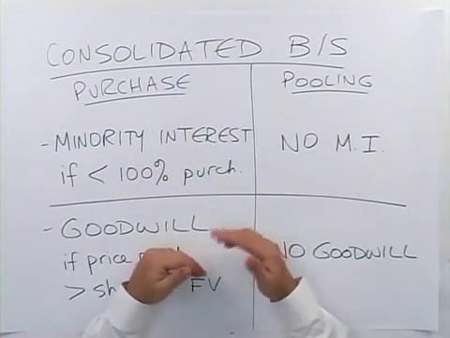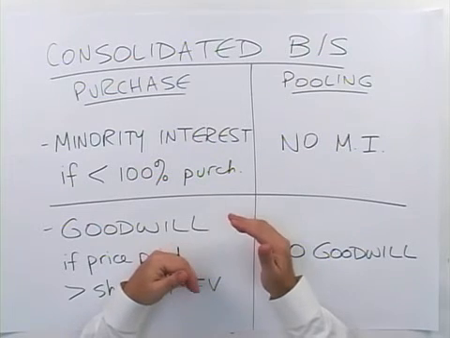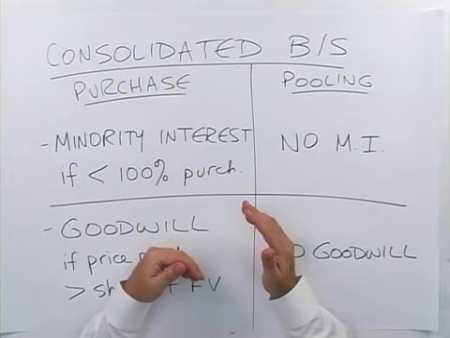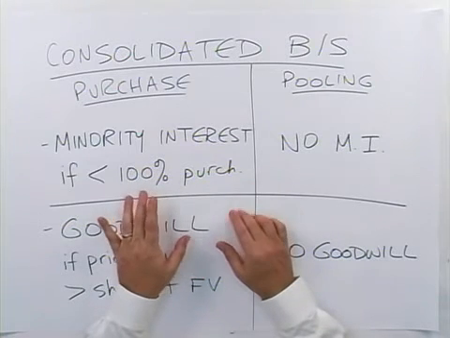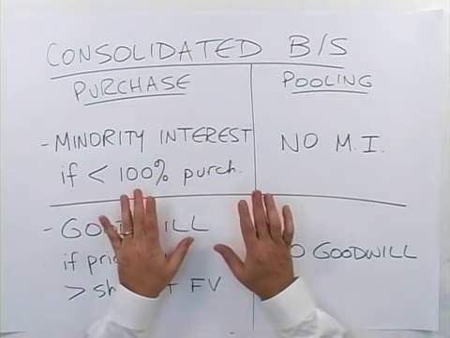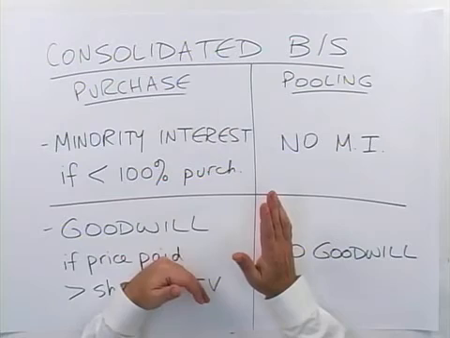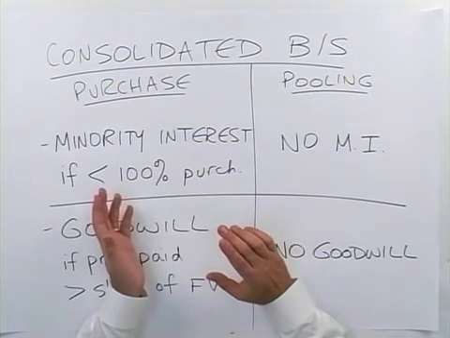Minority interest is the non-controlling shareholders' share of the book value of the sub. Not the fair value increments, they aren't counted there. And the minority interest is shown on the consolidated statements in the so-called mezzanine section. It's not part of liabilities. It's not part of equities.